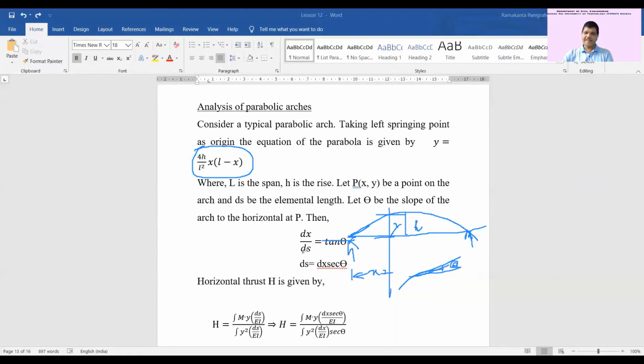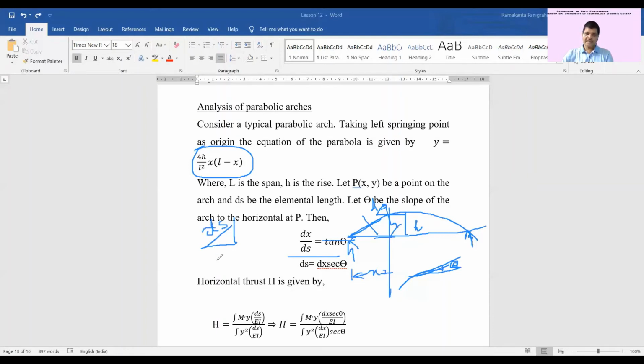So ds is the length on the curve. If you take any small part, ds is the length on the curve. Take a small piece of the length; it becomes a straight line, it is no more a curve.